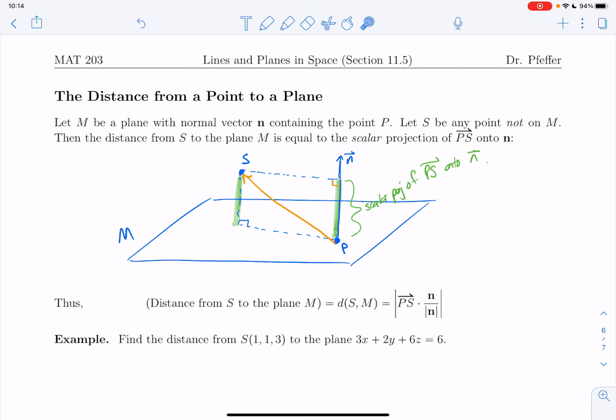So that becomes the formula. The distance from S to the plane M, otherwise known as d of S, M, is going to be equal to the scalar projection of PS onto N, and we have a formula for that involving the dot product. It's the magnitude, or the absolute value, of the vector PS dotted with the unit vector pointing in this direction, which is just going to be n over the magnitude of n.